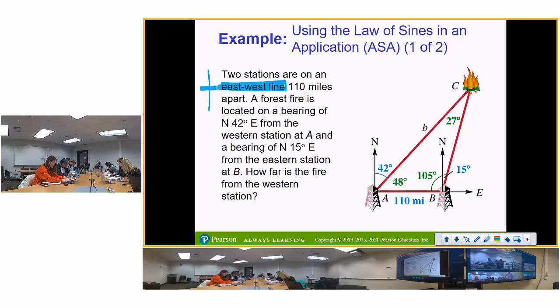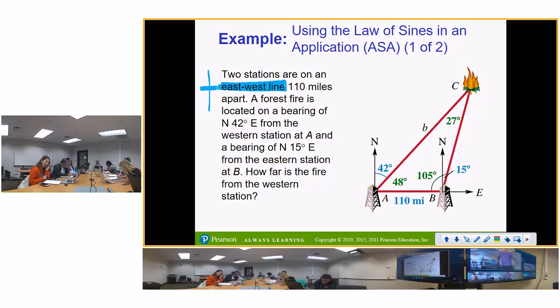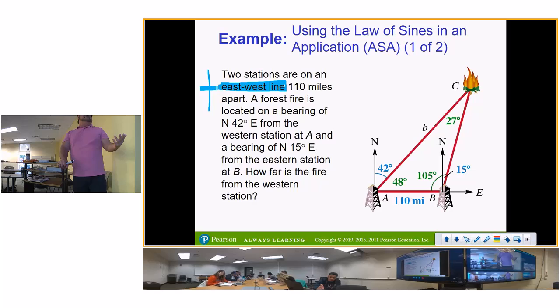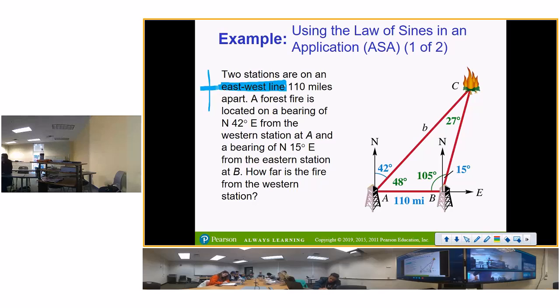And of course, that line is 110 miles. So that's your baseline, if you were in engineering or surveying or architecture. Because you're pulling your angles off your baseline. Some of you have been around surveying before, you call it a back shot, or a backside.